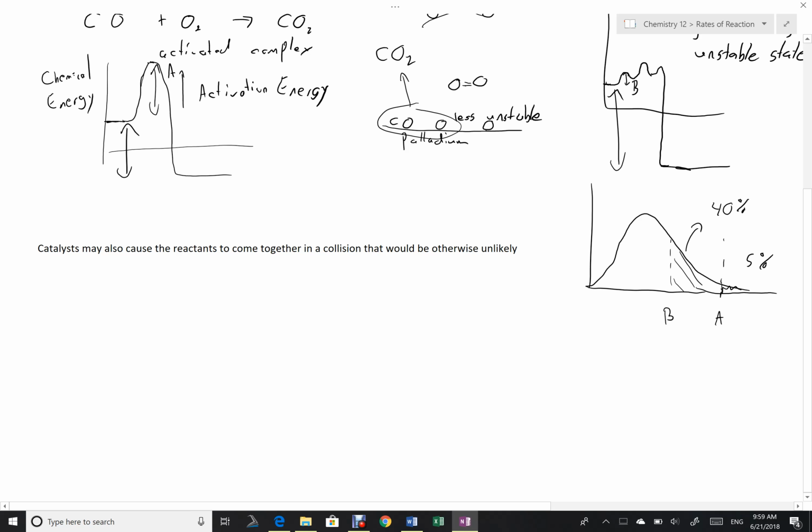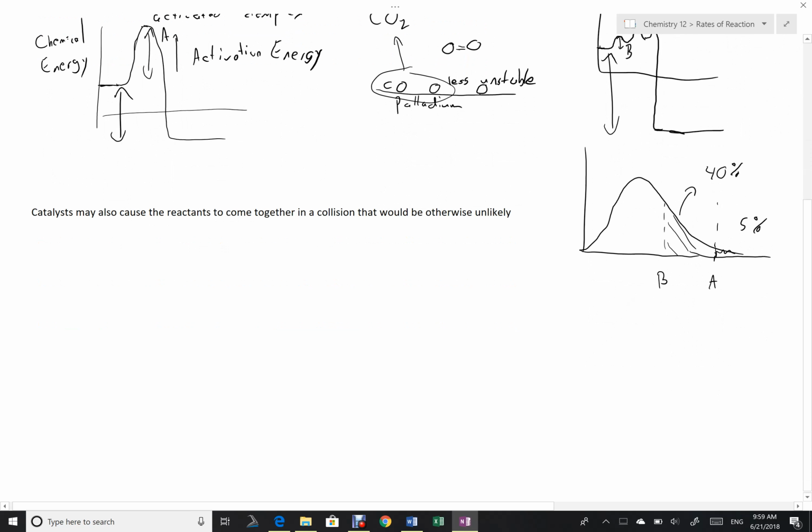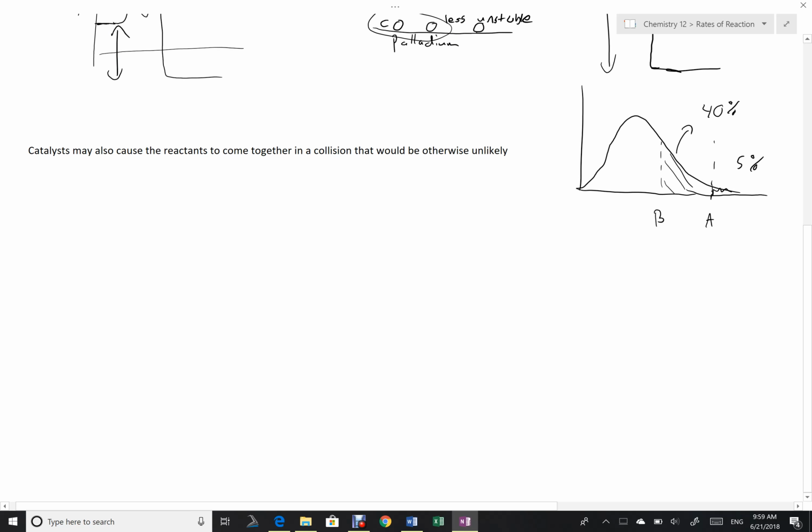Catalysts don't always work to provide these more stable intermediate states. In some chemical reactions, catalysts can also work by simply bringing the reactants together.